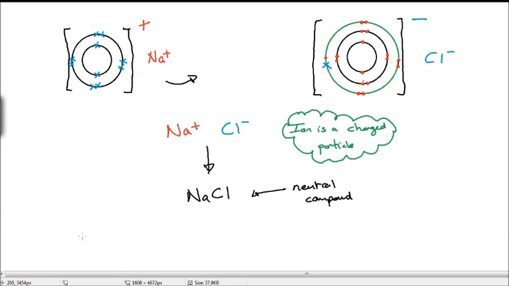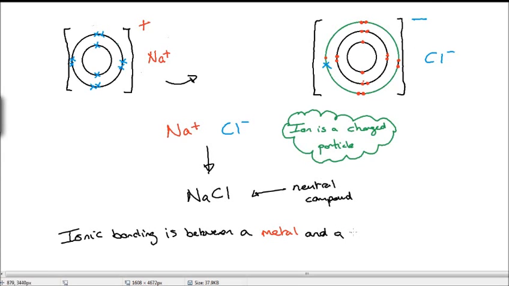And so ionic bonding, if we're going for a definition here, ionic bonding is between a metal, for example here we got sodium, a metal, and a non-metal.